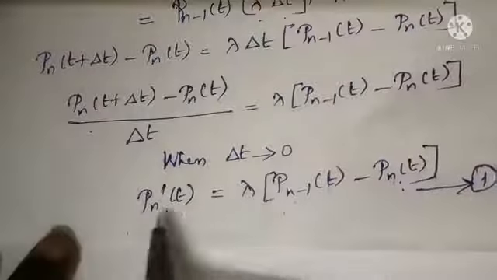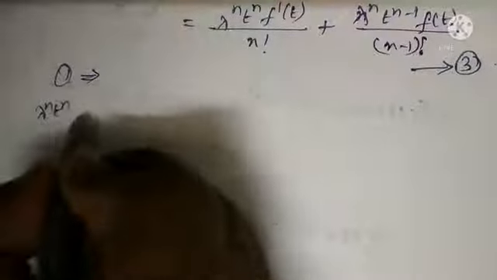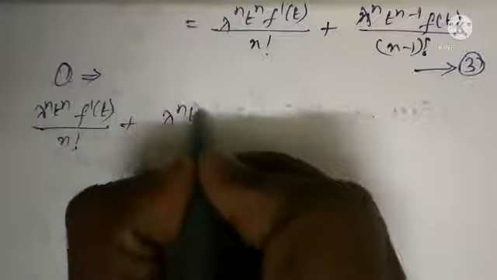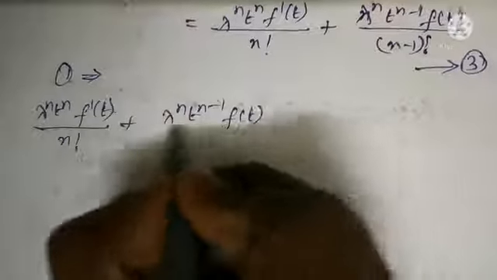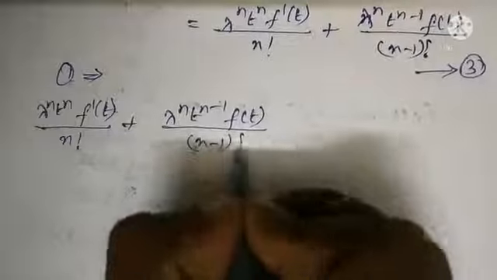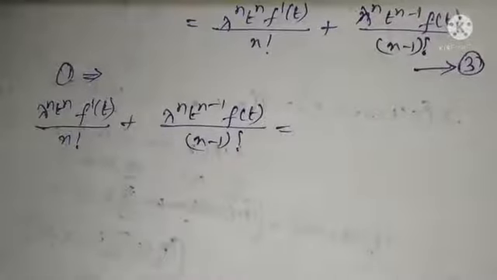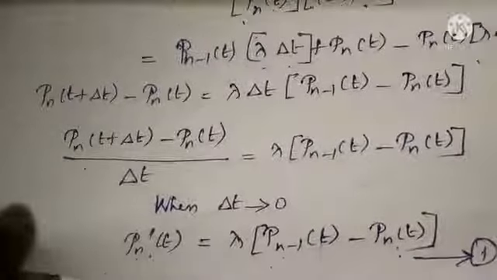So let us take this Pn dash of t in the left hand side: lambda power n t power n f dash of t by n factorial plus lambda power n t power n minus 1 f of t by n minus 1 factorial, which is equal to lambda into Pn minus 1 of t minus Pn of t.